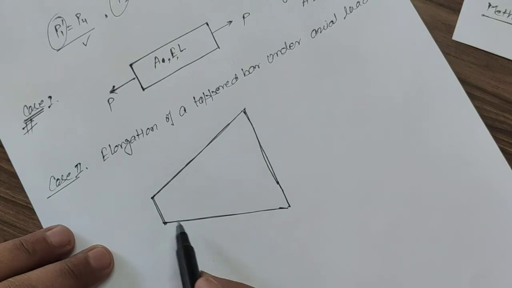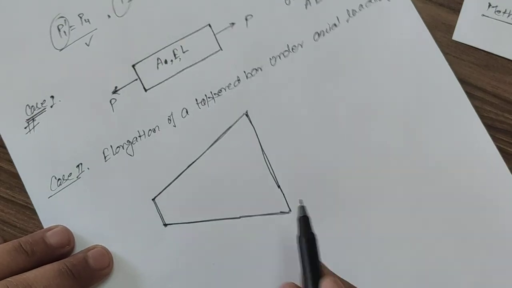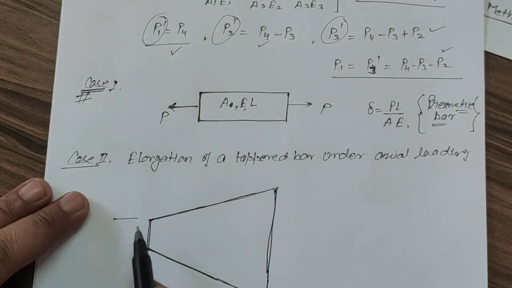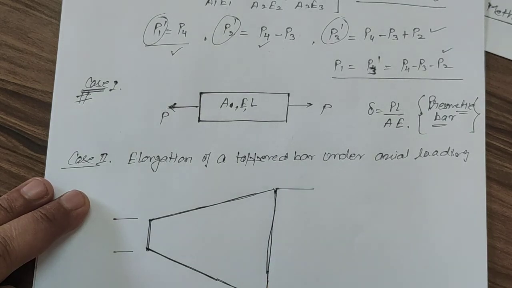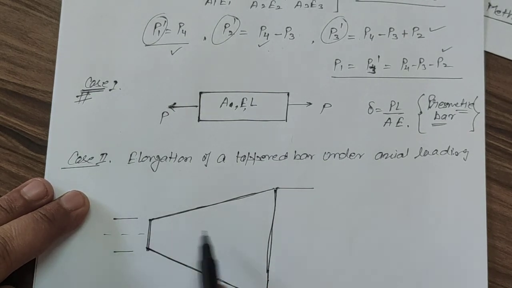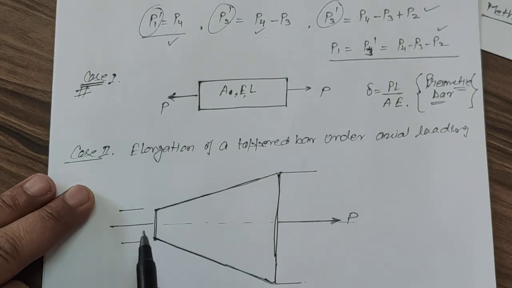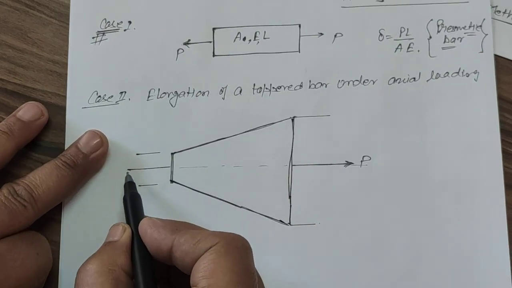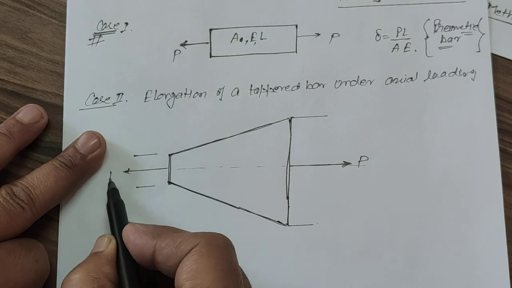A straight line variation. So we have a member whose cross sectional area is varying and we have axial load. The load P is acting here and the load P is acting here.